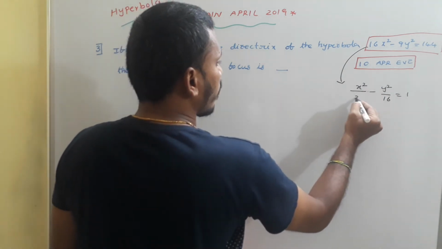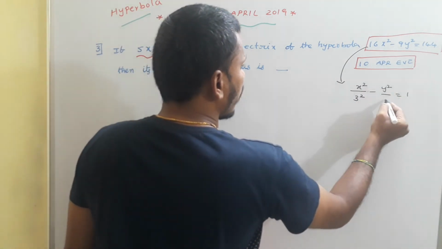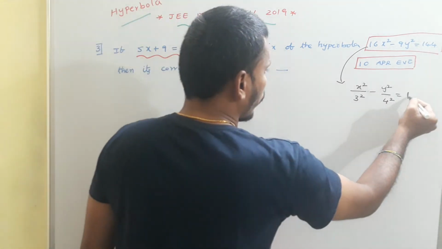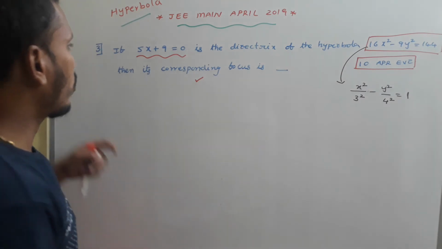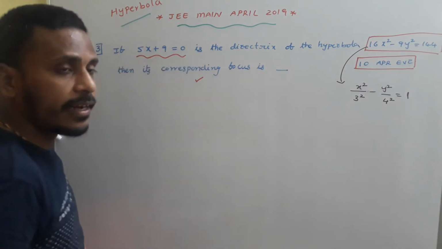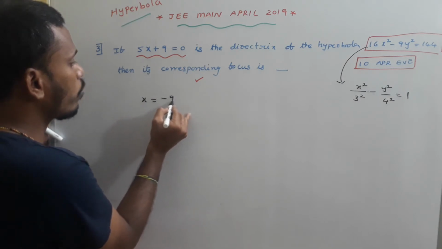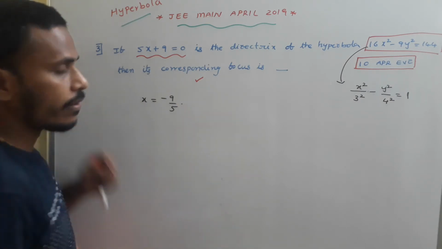So x square by a square minus y square by b square is equal to 1. This is our hyperbola now. Okay. And the next task: 5x plus 9 is a directrix of this hyperbola. 5x plus 9 is simply nothing but x is equal to minus 9 by 5 is the directrix.